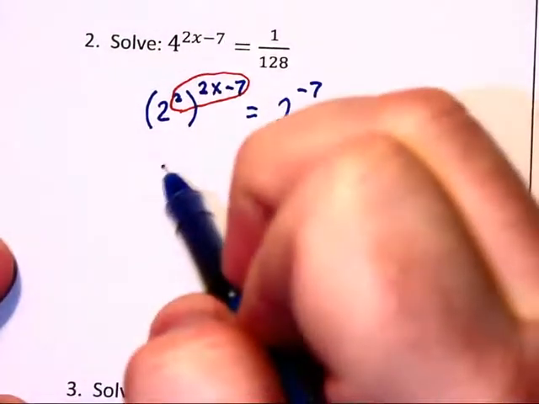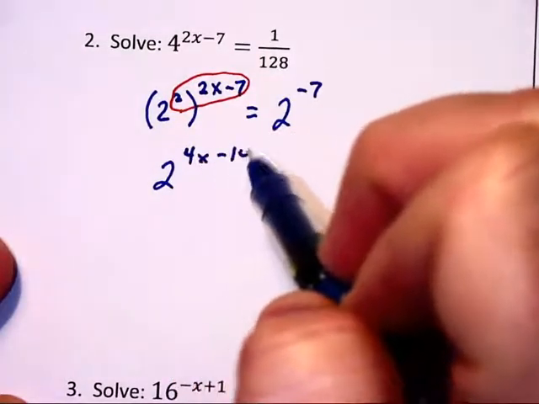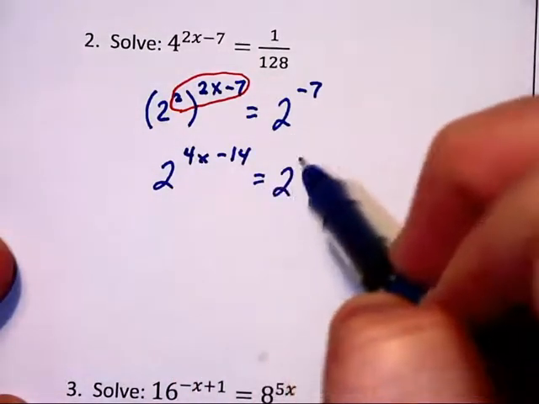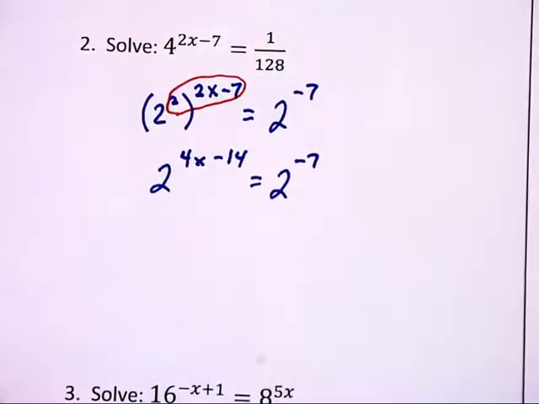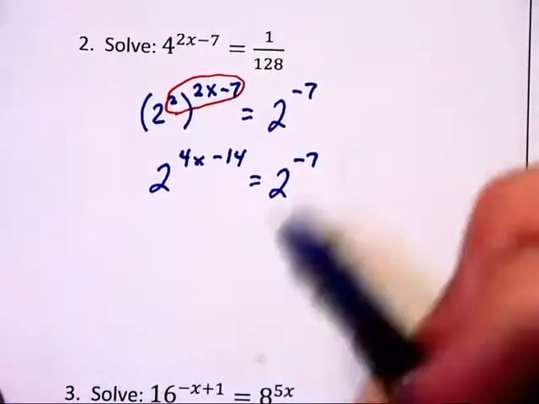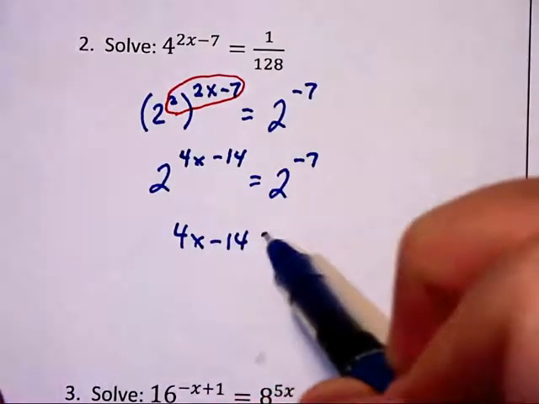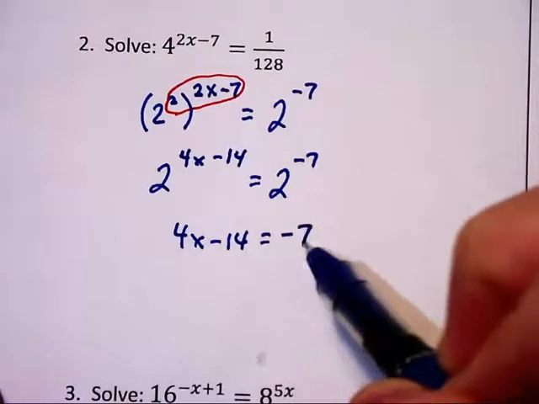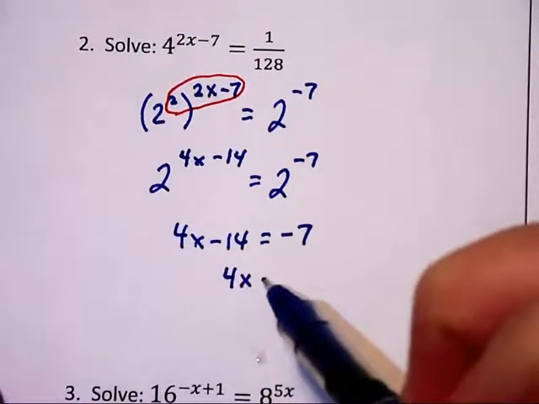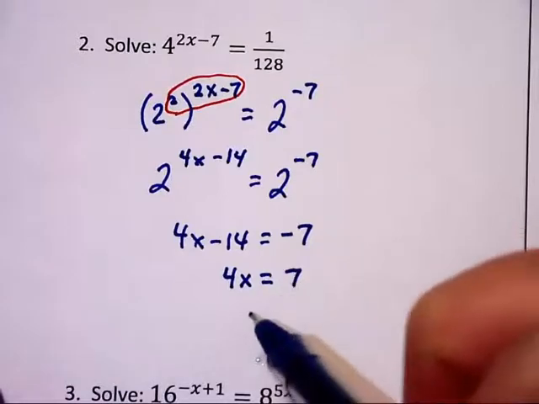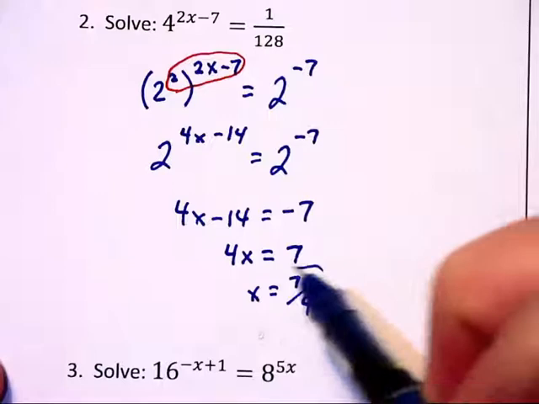So that becomes 2 to the 4x minus 14 power is equal now to 2 to the negative 7th. And again, since I have the same base on each side, I can set the exponents equal to each other and just have 4x minus 14 is equal to negative 7. And therefore, adding 14 to both sides, I get 4x is equal to 7, and x is equal to 7/4.